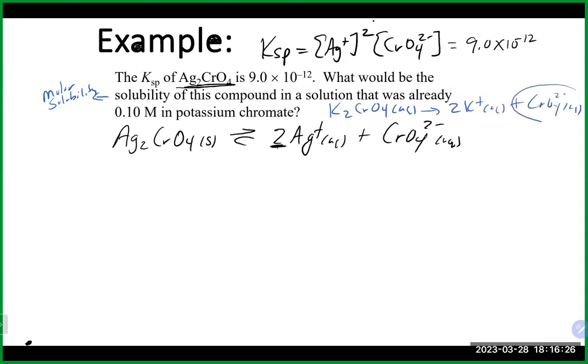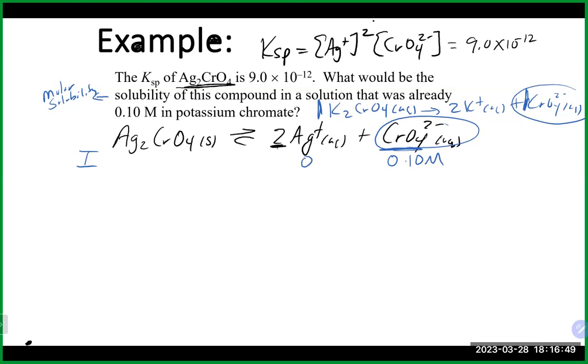Once again, it is the chromate that is the common ion in this case. In this case, it is a 1-to-1 relationship between the chromate and the potassium chromate, which means our initial concentration for the chromate here will be the 0.1 molar here. This guy would be 0.